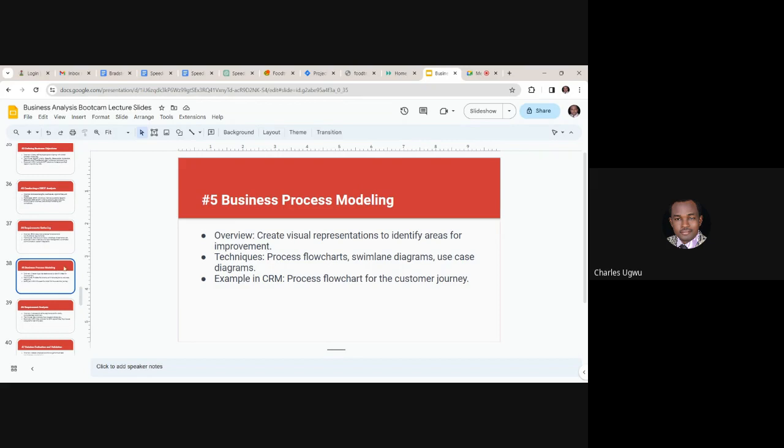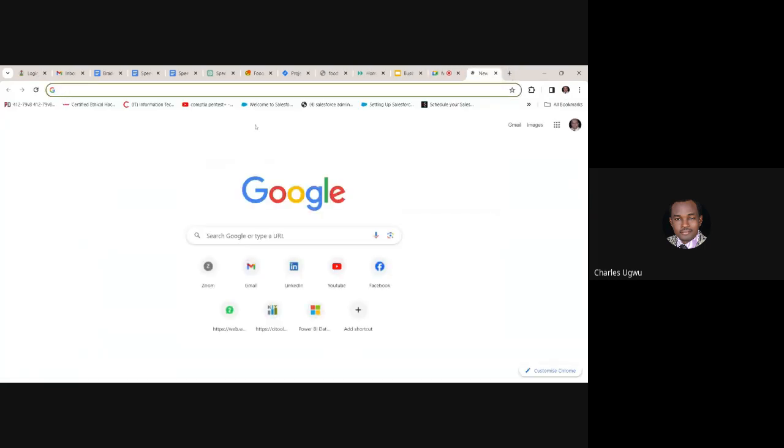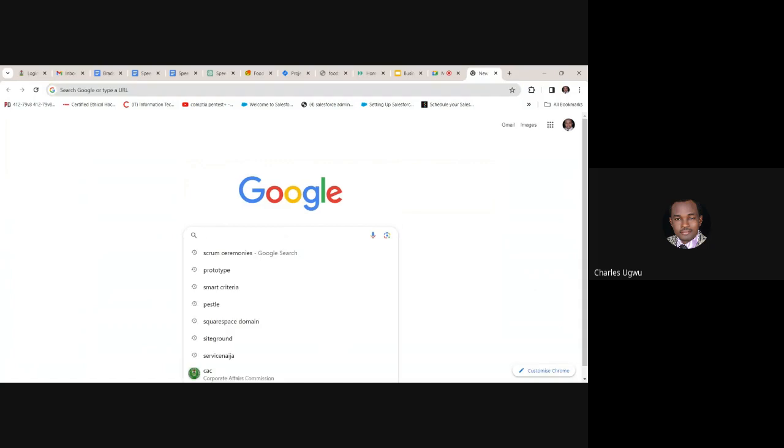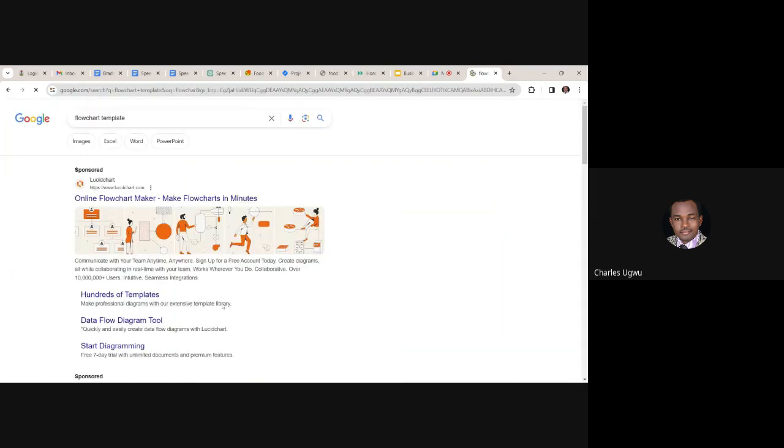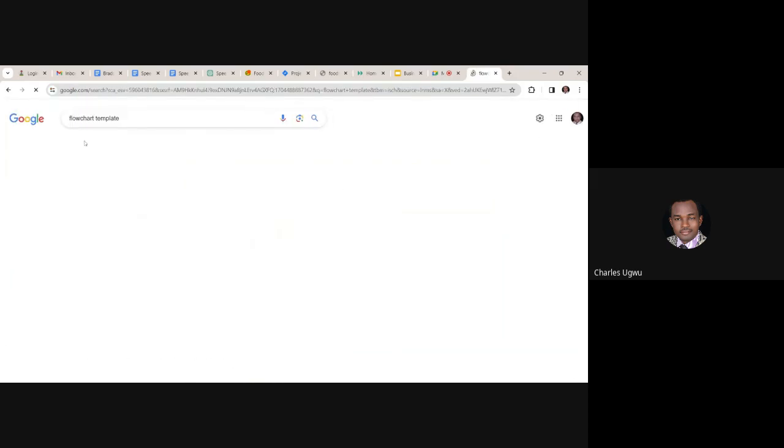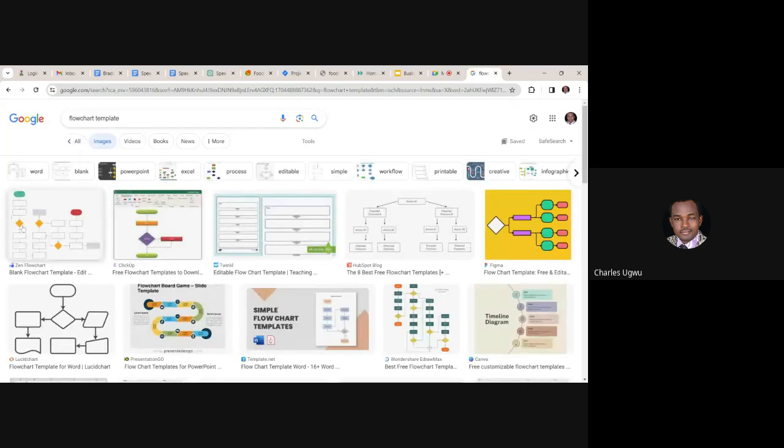For example, let's see what a flowchart looks like. Let me show you what a flowchart looks like. So this is what a flowchart looks like.